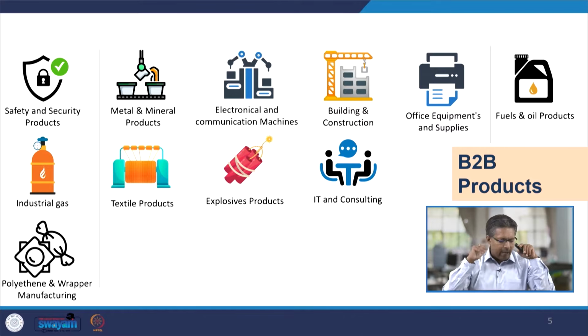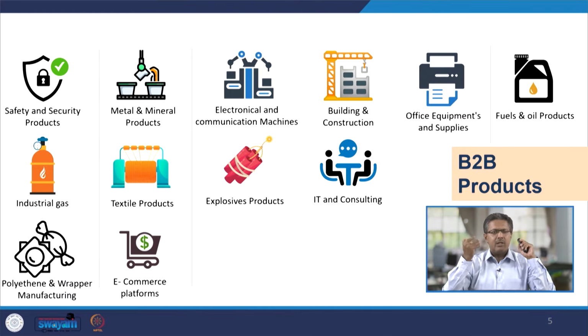Okay. Then you have wrapper manufacturing, right. You have some e-commerce platforms, for example, Udaan, IndiaMART, right. If you have heard about these organizations, they help you to sell appliances and products across their platform. One of the largest companies in the globe is Home Depot, for example.